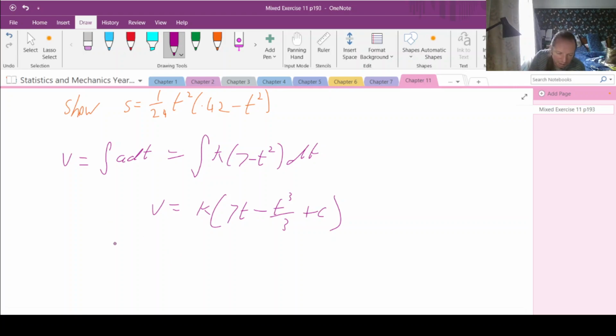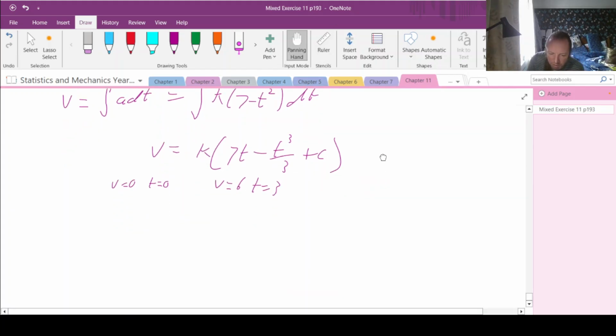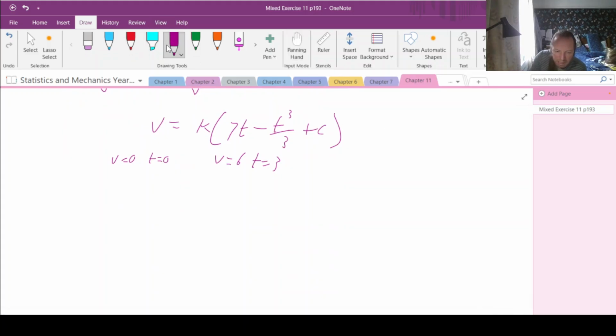I've got velocity equals 0 when t equals 0, and velocity equals 6 when t equals 3. So if I put those in, let's do the one on the left first: 0 equals k times 7 times 0 plus 0 cubed over 3 plus c.